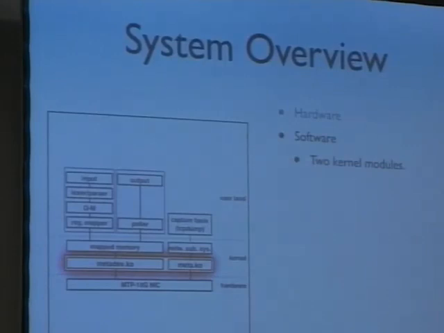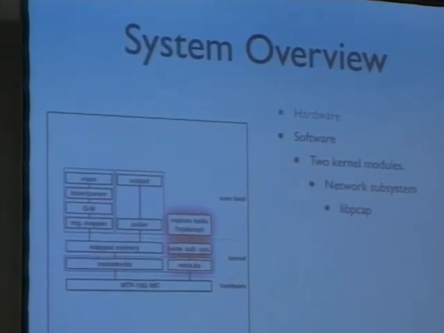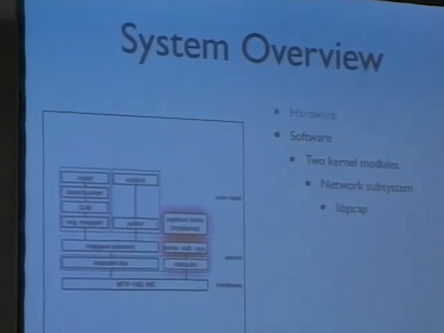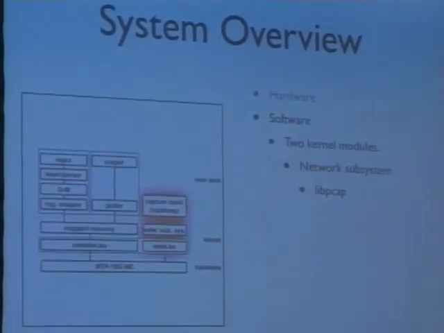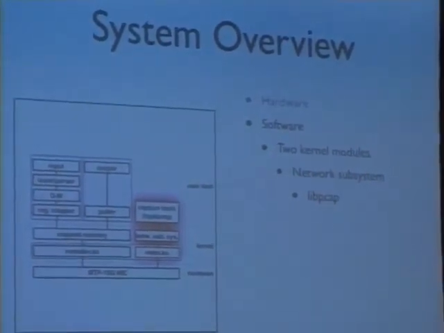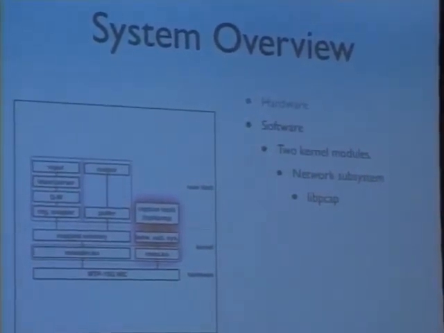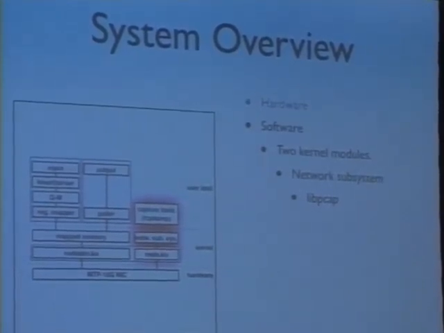On the right side, a kernel module that is basically the Ethernet driver. It acts like a normal Ethernet driver and presents the card as a normal Ethernet interface to the user. On that normal interface, you can just use your normal software.